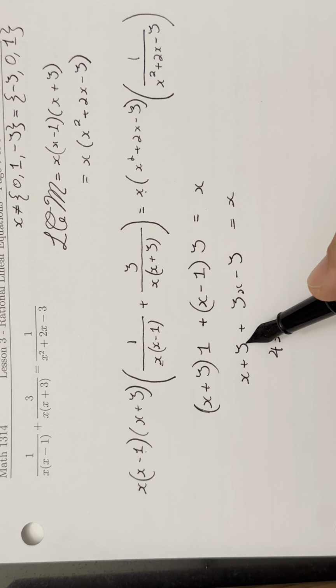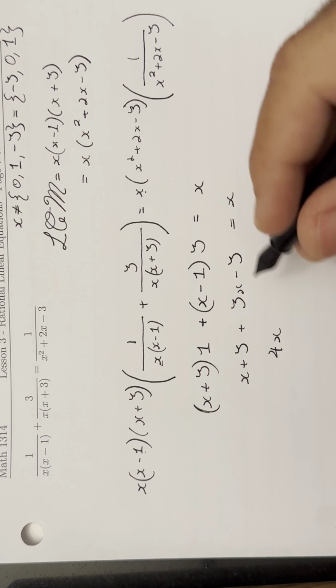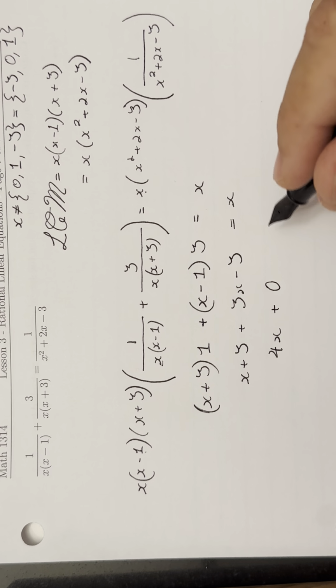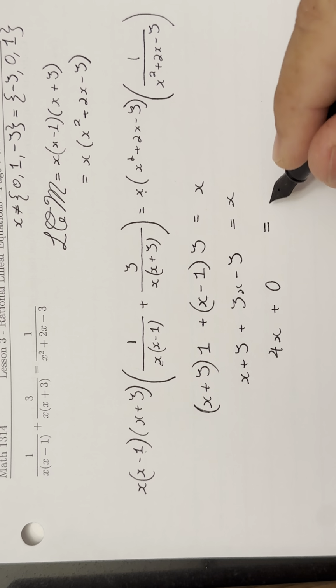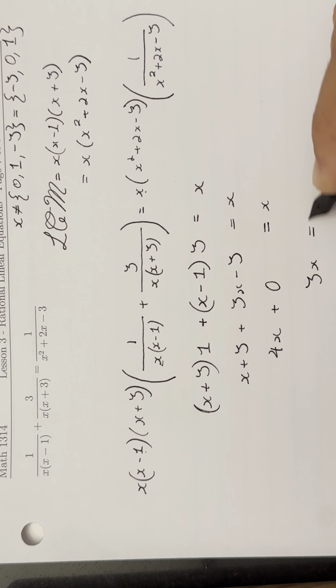And then 3 minus 3, well, of course, that is 0. Don't need to write plus 0, but I'm going to. And so we've got 4x plus 0 equals x. Subtract x from both sides, and we find that 3x equals 0. And so the solution is x equals 0.